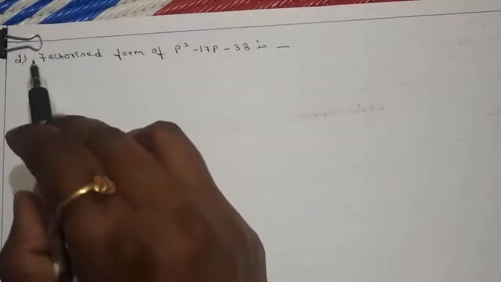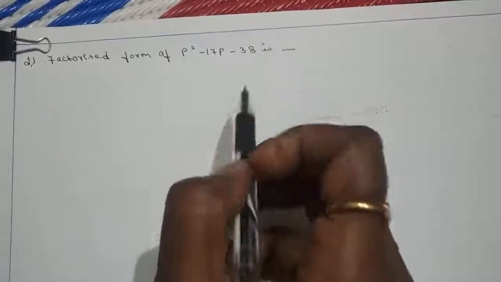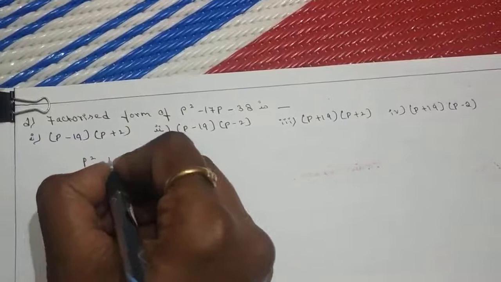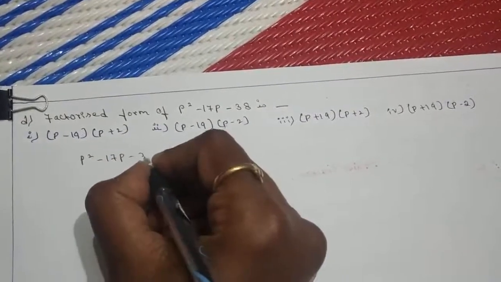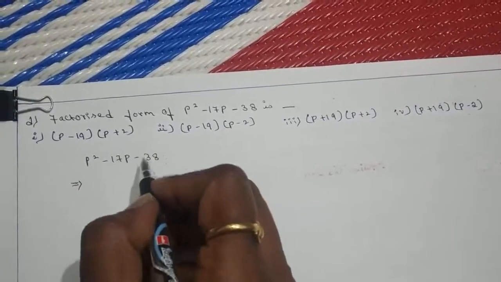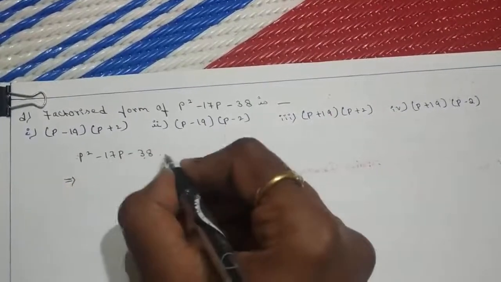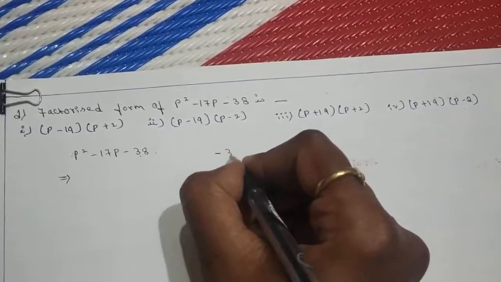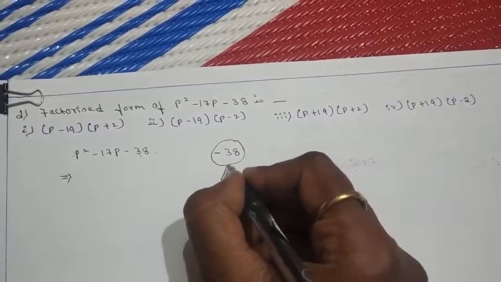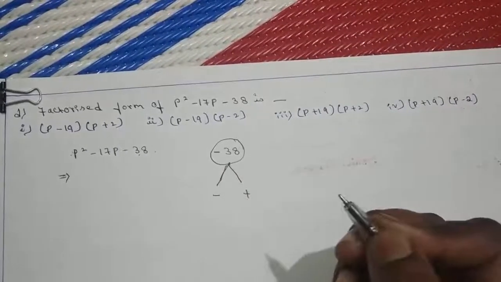Now moving to D question. Factorized form of p square minus 17p minus 38 is. So first take down the expression p square minus 17p minus 38. This is the given expression. Now multiply the constant with the coefficient of first term. So 1 into minus 38 is minus 38. We got the product as minus 38. When do we get minus sign? By multiplying minus into plus equal to minus.